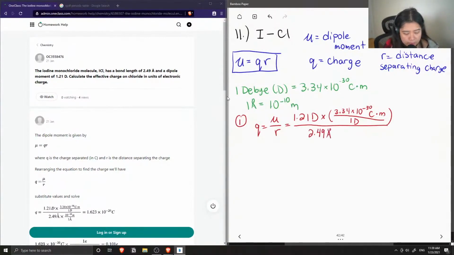And then again, we would just multiply this to convert to meters, so 10 to the negative 10 meters divided by 1 angstrom. So now we have our final charge in coulombs, and its value is 1.623 times 10 to the negative 20.